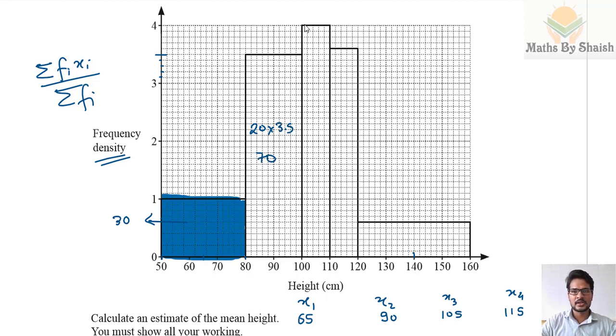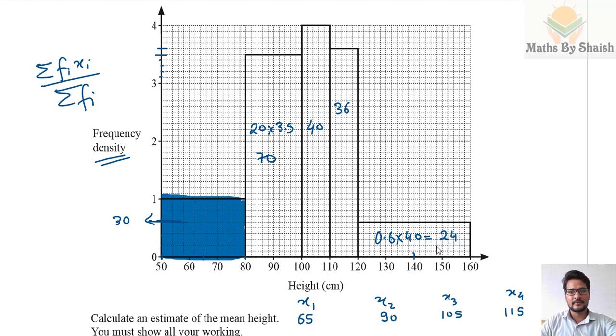For this area, the height is 4 and the width is 10, so the area is 40. Then here it is 110 to 120, width 10, and the height is 3.6, so it is 36. And here the height is 0.6 into 40, that is going to be 24.